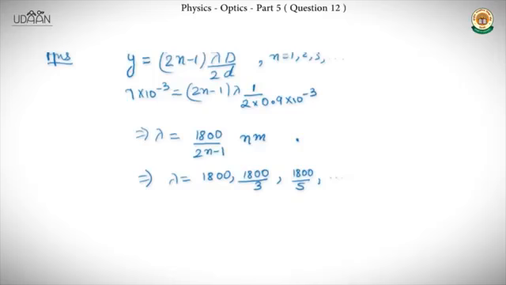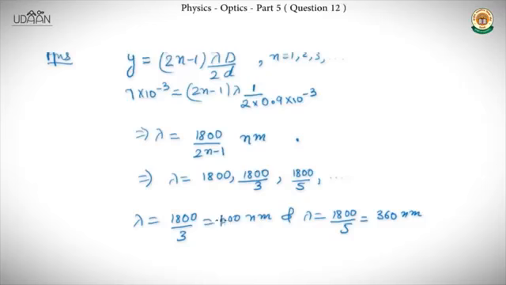As the wave is a part of white light, it must lie in the visible spectrum. So the only possibilities for lambda are 1800 by 3, which is equal to 600 nanometers, and 1800 by 5, which is equal to 360 nanometers.